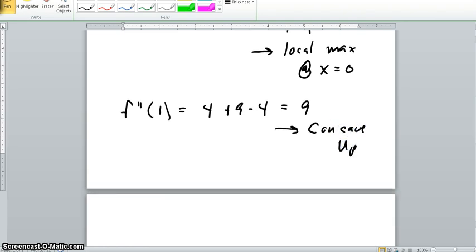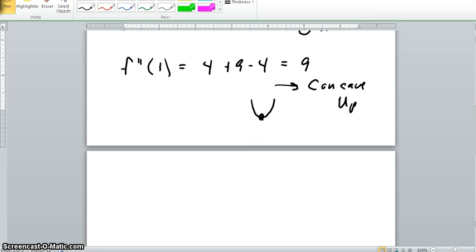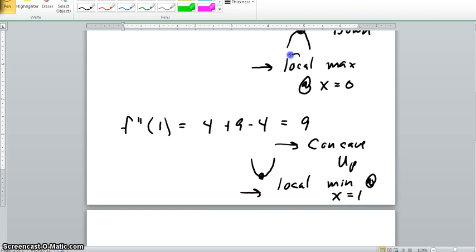And if I've got a graph that's concave up, and I know I've got either a local max or a local min, in order for the graph to be concave up, it's got to be a local minimum at the x value 1. So we were able to get our answer for this critical value and for this critical value.